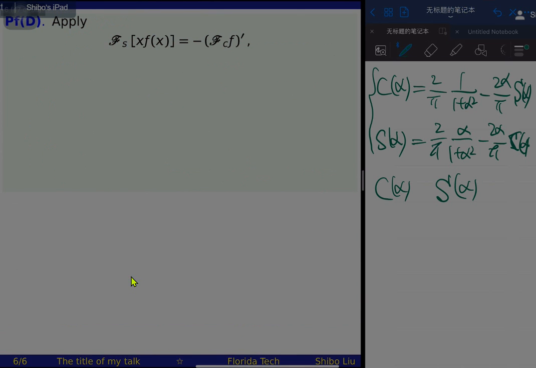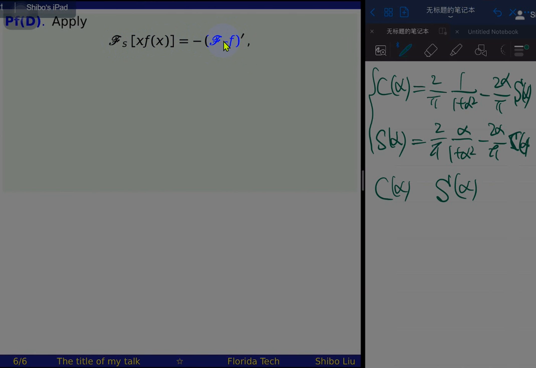The last method is also interesting. In the exercise of section 6.2 in our textbook, there is a property. This exercise asks you to prove this equality, the property of Fourier sine. This property says that the Fourier sine transform of x times f(x) equals minus the derivative of the Fourier cosine transform of f.